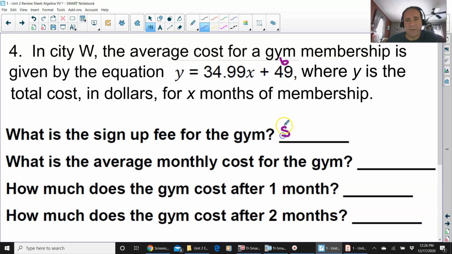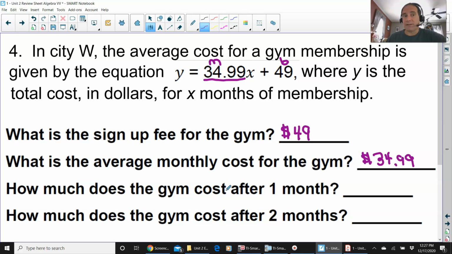So the sign-up fee before paying for any month in the gym is $49. What's the average monthly cost for the gym? The average monthly cost is the slope. That's the rate, so $34.99 per month.